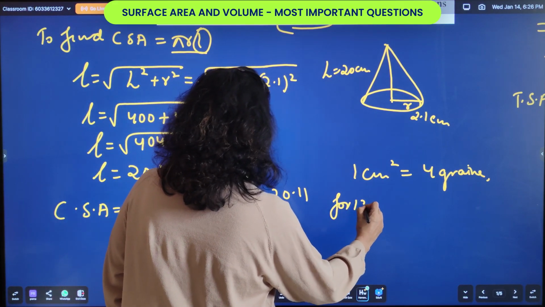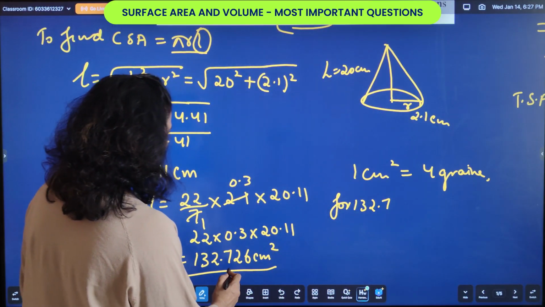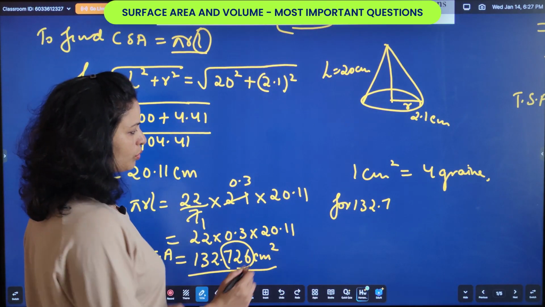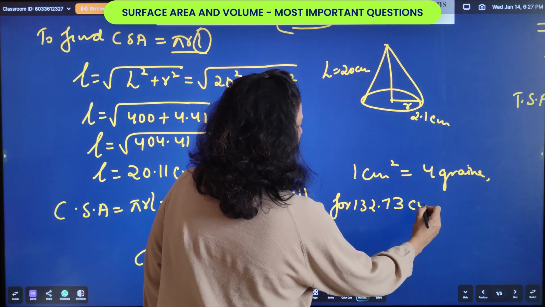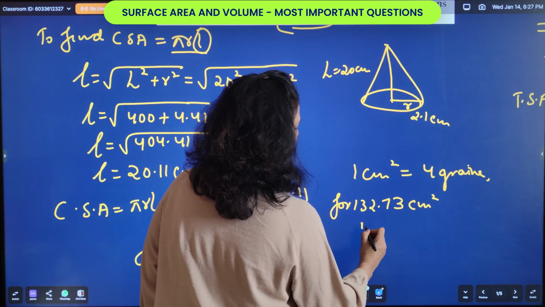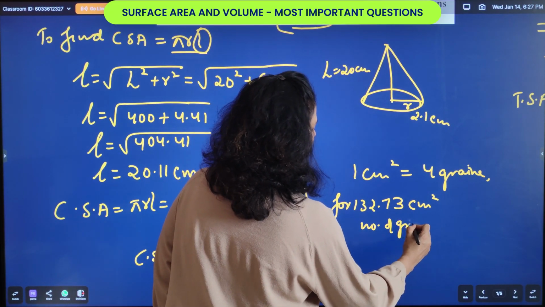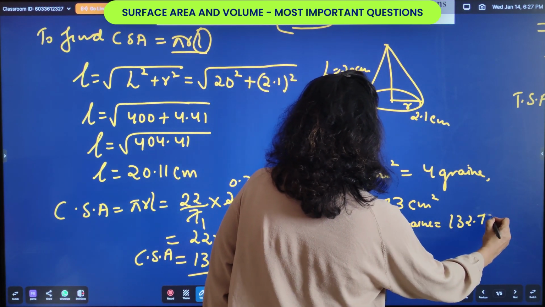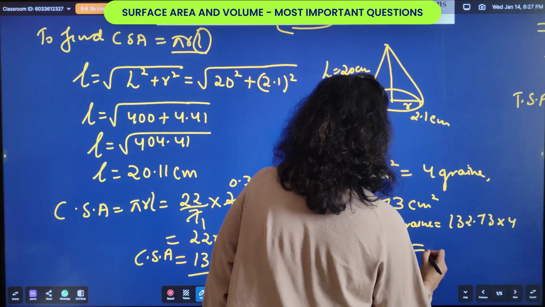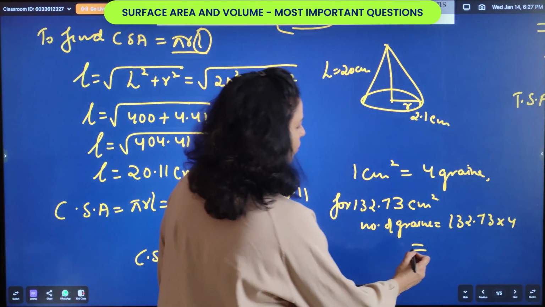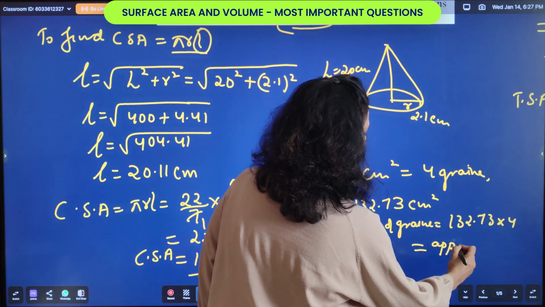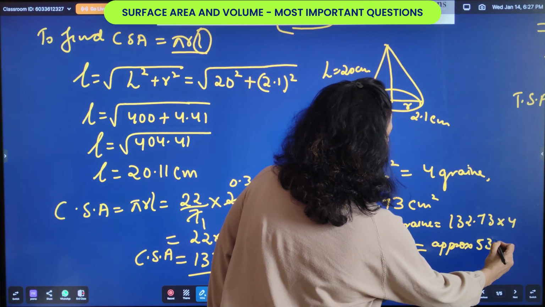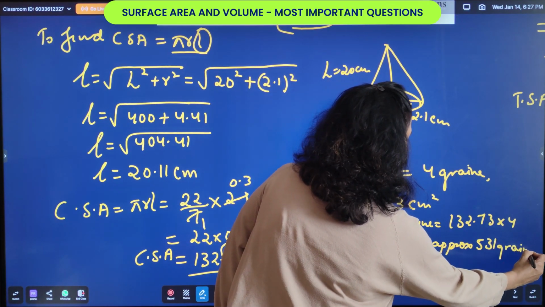For 132.726 you can round it off, you can make it 132.73 square. Number of grains will be 132.73 into 4. So approximately you will get 531 grains.